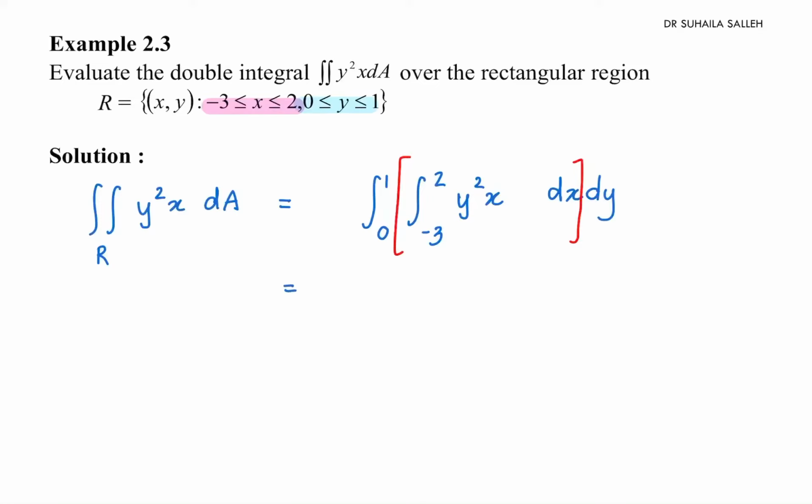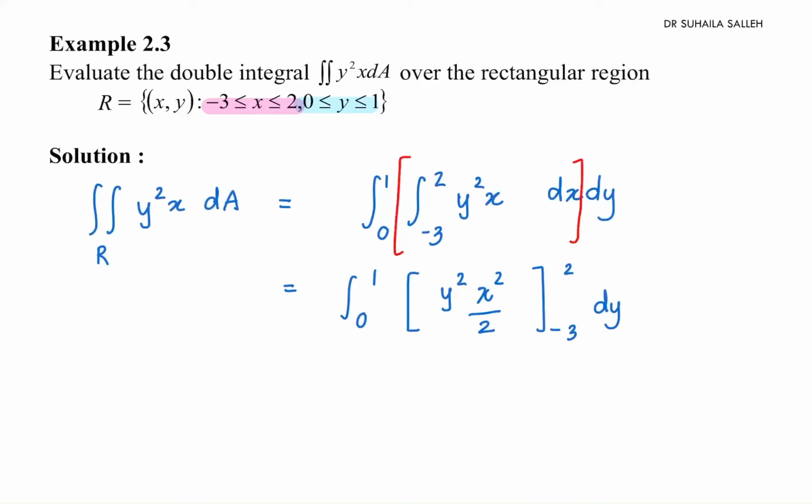So you solve starting with the innermost integral, but still you have to write the outer integral here, 0, 1 and dy. Let's integrate that. So y squared x, we are integrating with respect to x. That means y will be constant, so just leave y squared as it is. Integrating x, I have x squared over 2, for the values -3 and 2.